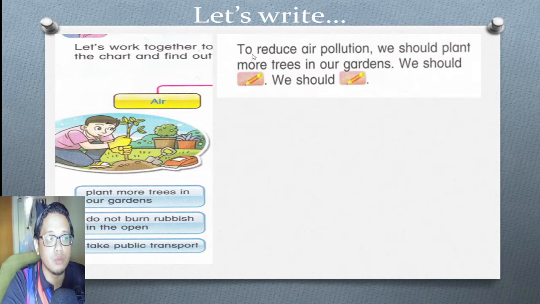So let's read. To reduce air pollution, we should plant more trees in our garden. As you can see here, plant more trees in our garden, actually, this is the first point.